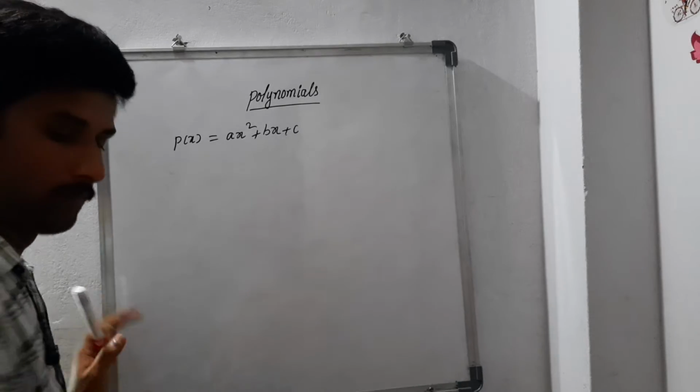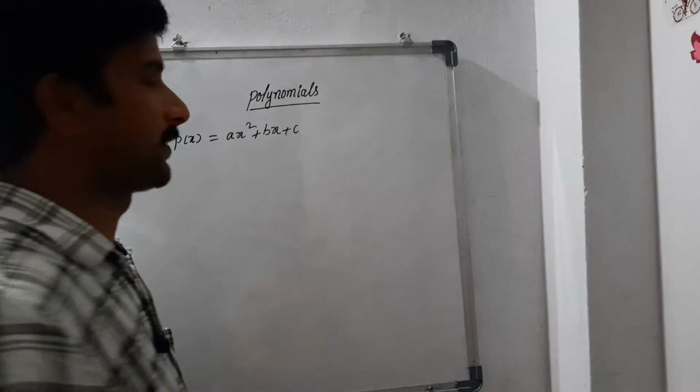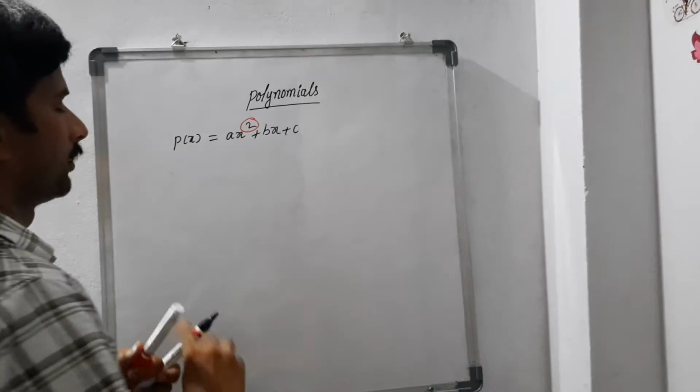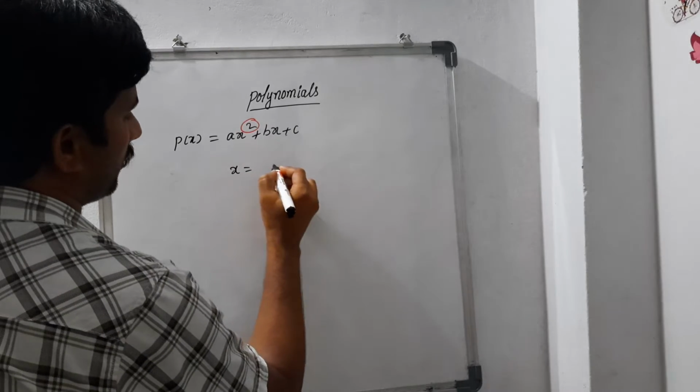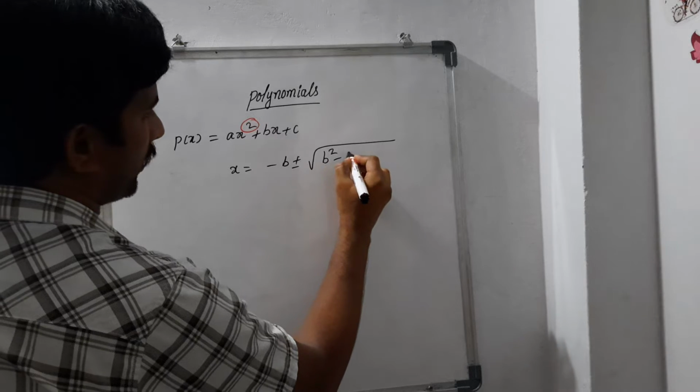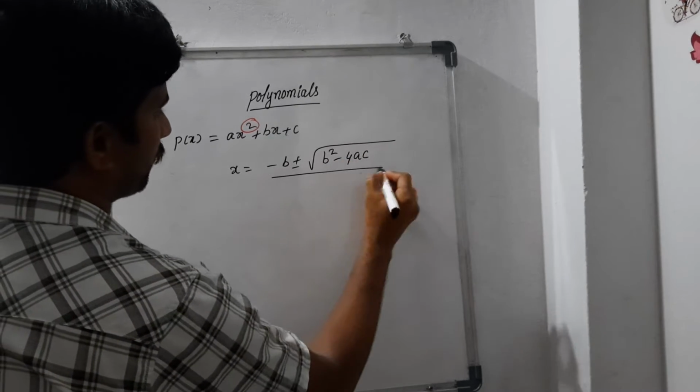Now, if you take p of x is equal to ax square plus bx plus c, the degree of the polynomial is 2, so it contains two zeros. x is equal to minus b plus or minus root over b square minus 4ac by 2a.